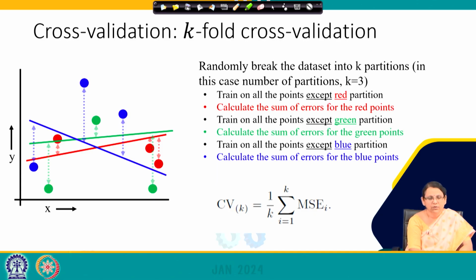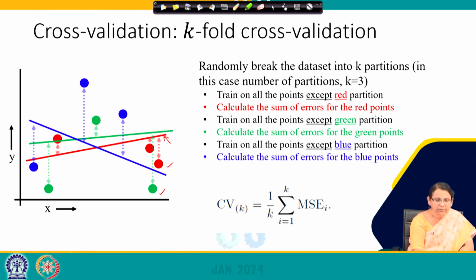So, this is what I was trying to say. Suppose these dots are our data points. Now, let us say we are making 3 partitions of these data points. There are a total of 9 points, and we made 3 partitions. So, the red, green and blue are 3 partitions. First we will leave one out and fit the model with blue and green. As a consequence we get this regression line.